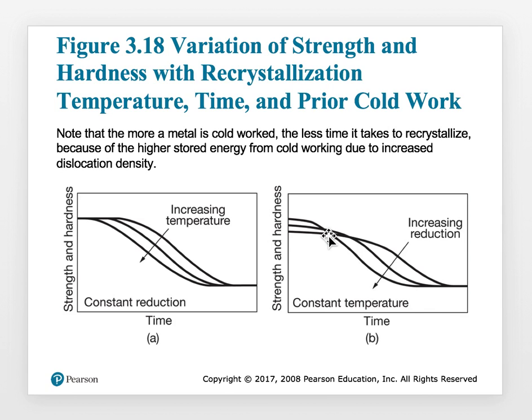But suppose instead of 0.8 inches, you went down to 0.7 inches. And if you heated it up to the same temperature, the strength after cold rolling increases to above the other two. But when you heat it up to the same temperature, the strength actually goes down much more than the other two cases. Why?